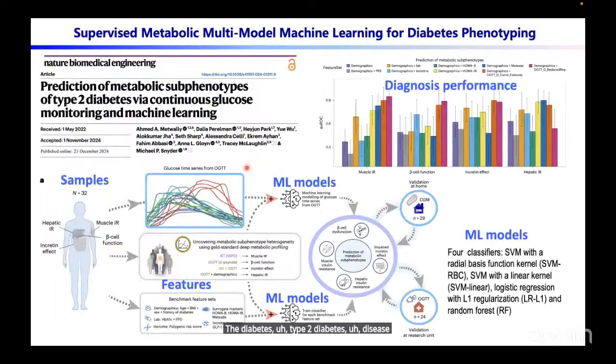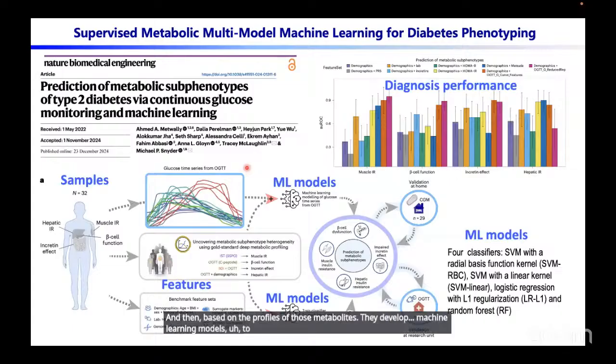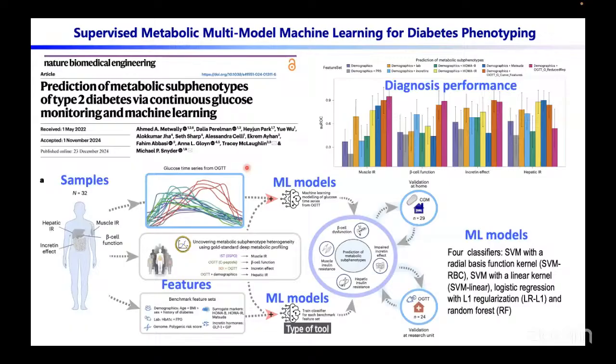For this particular case, they actually look into some subsets of metabolites, and then based on the profiles of those metabolites, they develop machine learning models to diagnose not only whether or not a person has type 2 diabetes, but also to predict the subtypes of the diabetes.